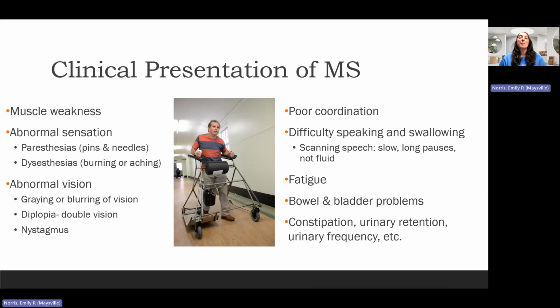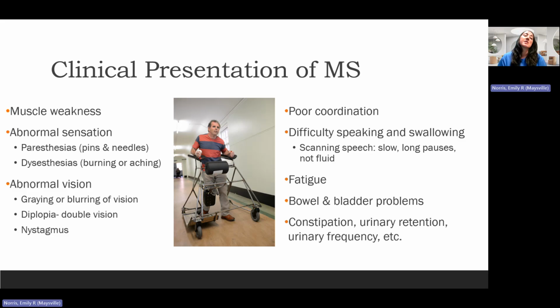Clinical presentation: muscle weakness, abnormal sensation. Some of these are the paresthesias, which is that pins and needles sensation, or dysesthesias, which is a burning or achy sensation. There's often visual changes, which is oftentimes the first thing that is noticed.